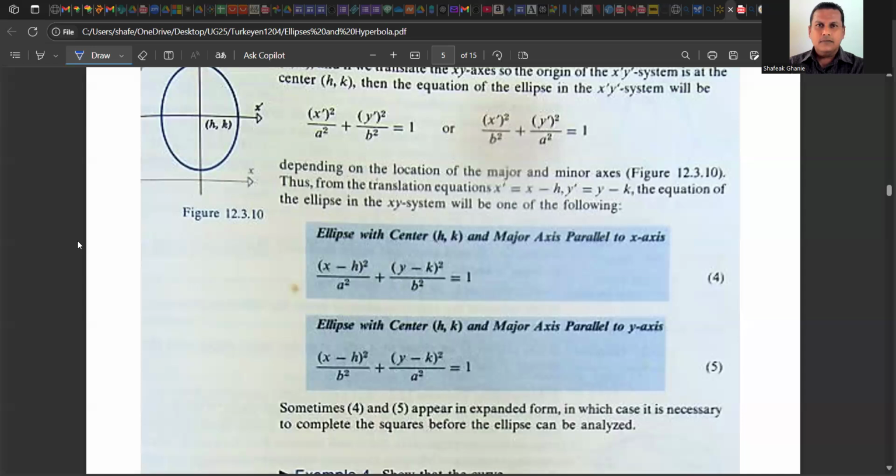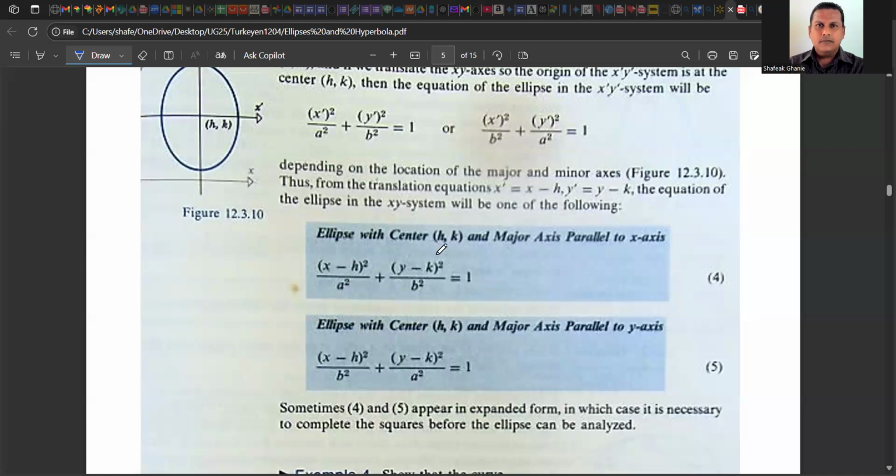So you need to know these two equations and be familiar with the form: what A will tell you, what B will tell you. The (h, k) is the center. So you're not having the center at the origin now; you're having the center at (h, k).